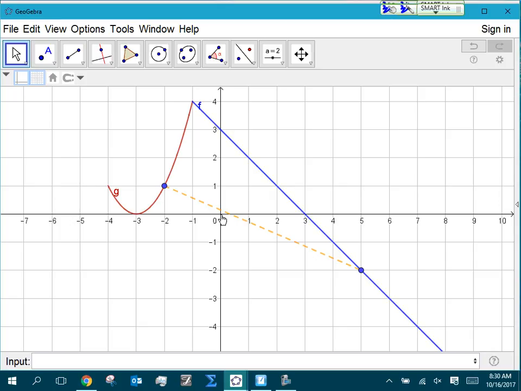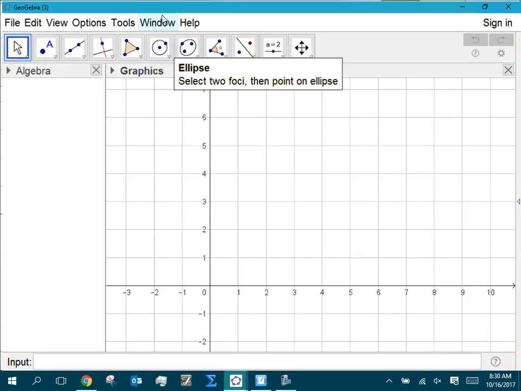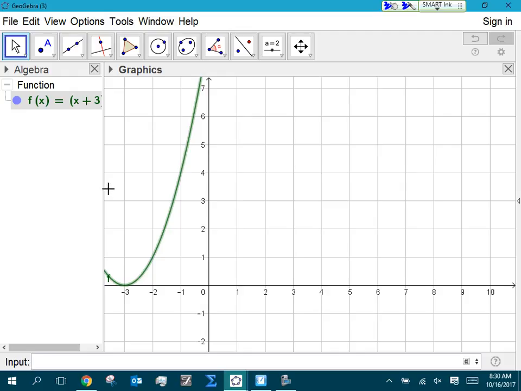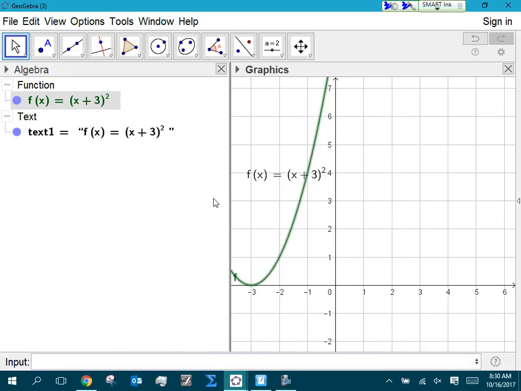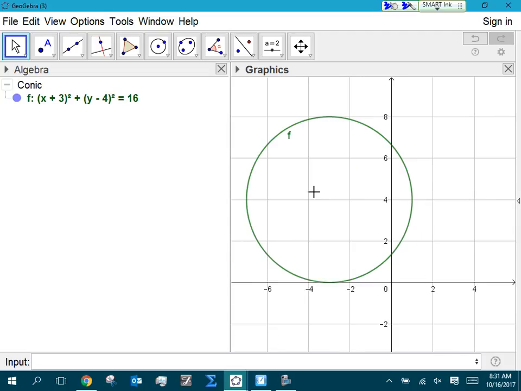Okay, if you remember back to geometry, if we had a circle, with an equation like this, plus y minus 4 squared equals 16, okay, got a circle, right?